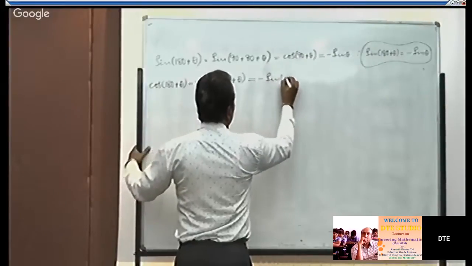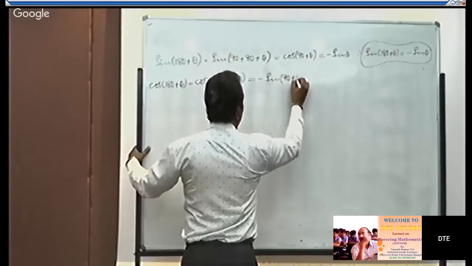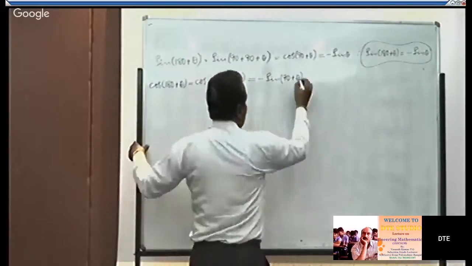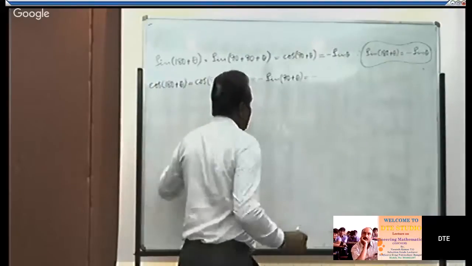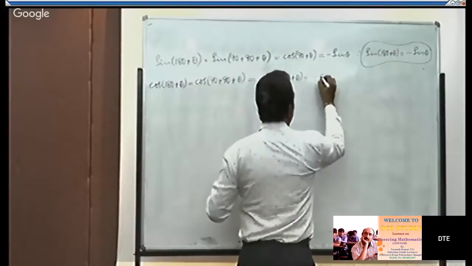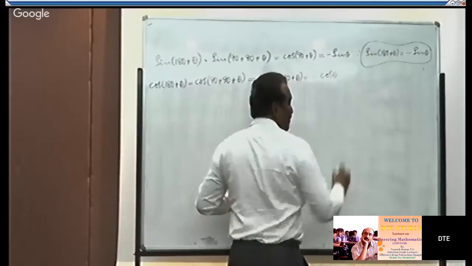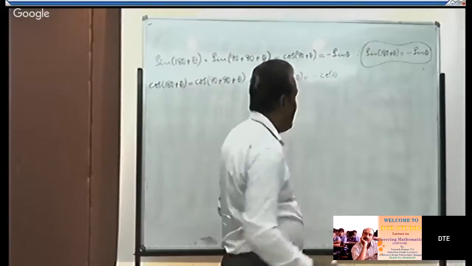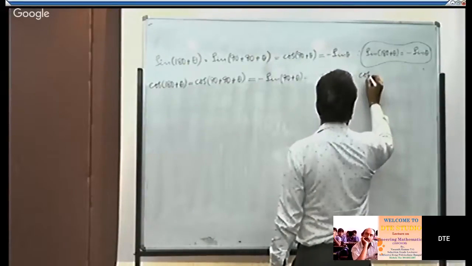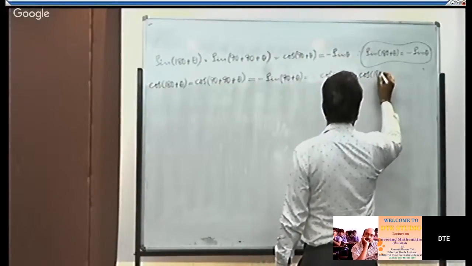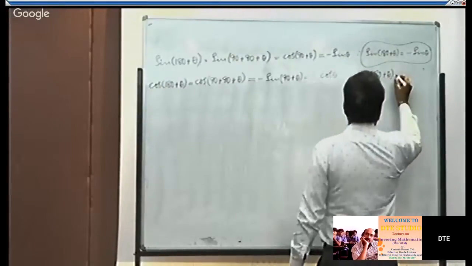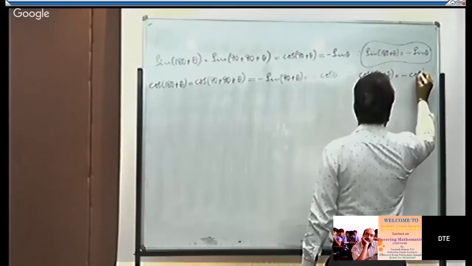But in the place of theta, it is 90 plus theta. Now this is equal to, write down the minus as it is, we proved sine of 90 plus theta is cos theta. Therefore, one can write cos of 180 plus theta is equal to minus cos theta.